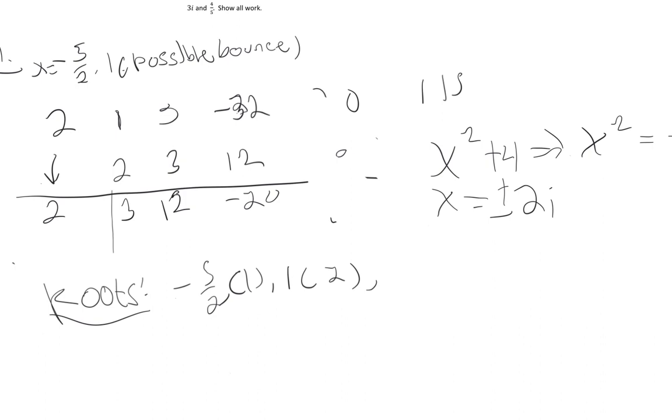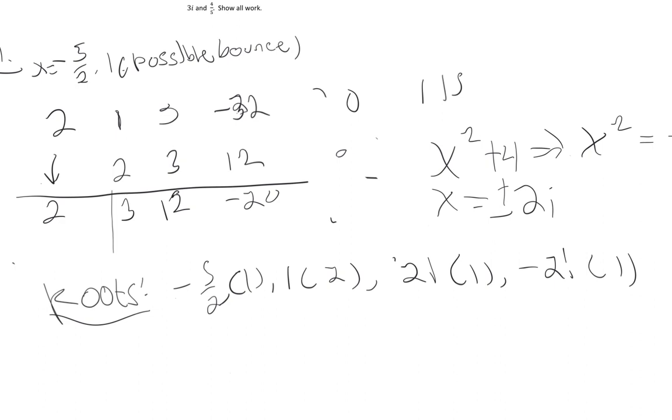I'm putting multiplicity in parentheses. Hopefully that should be clear. And then 2i, that's not in parentheses. Oh my gosh. 2i with multiplicity 1, negative 2i with multiplicity 1. And the multiplicity should add up to be 5 because it's a quintic polynomial. Okay, great. So that's problem 61.